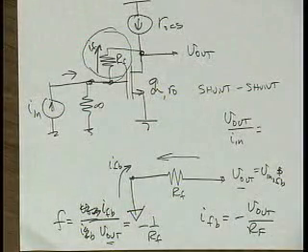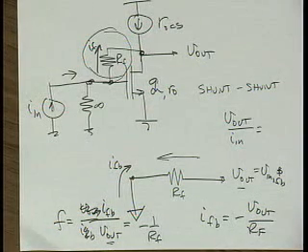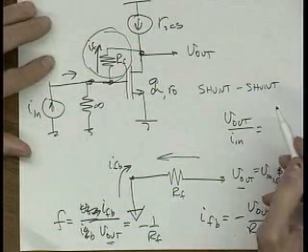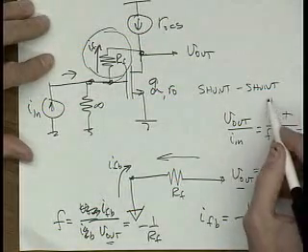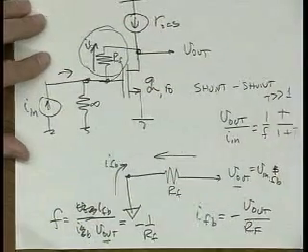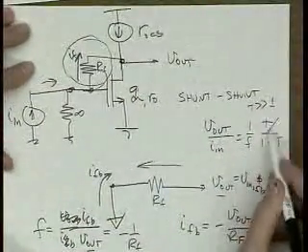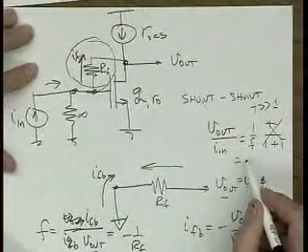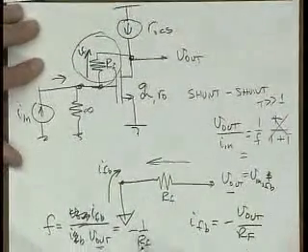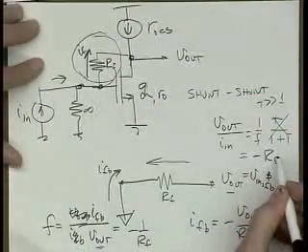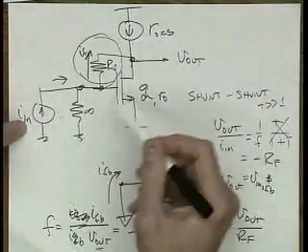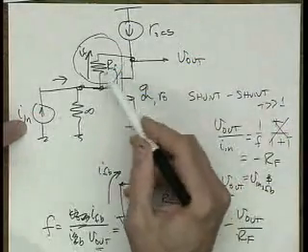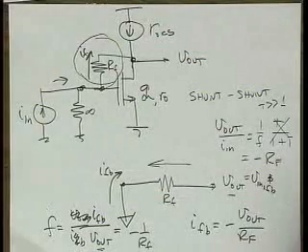What is V out over I in? It's 1 over F times T over 1 plus T. So let me say T is much, much greater than 1. This goes away. So this answer comes out to be simply equal to minus 1 over F, so it's coming out to be minus RF. So the ratio of output voltage to input current of this circuit is simply RF, that resistance right there.